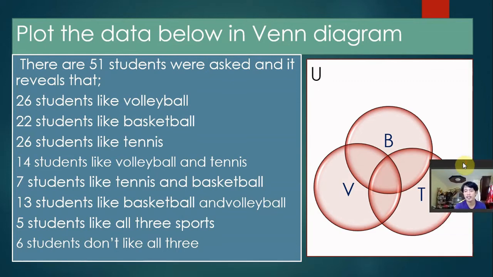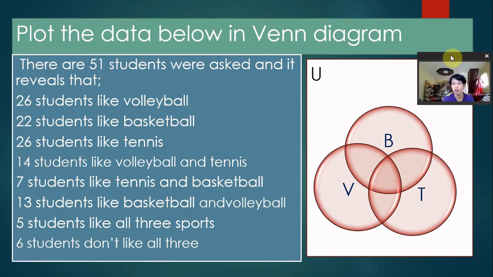So B stands for basketball, V stands for volleyball, and T stands for tennis. Now let's plot these numbers.